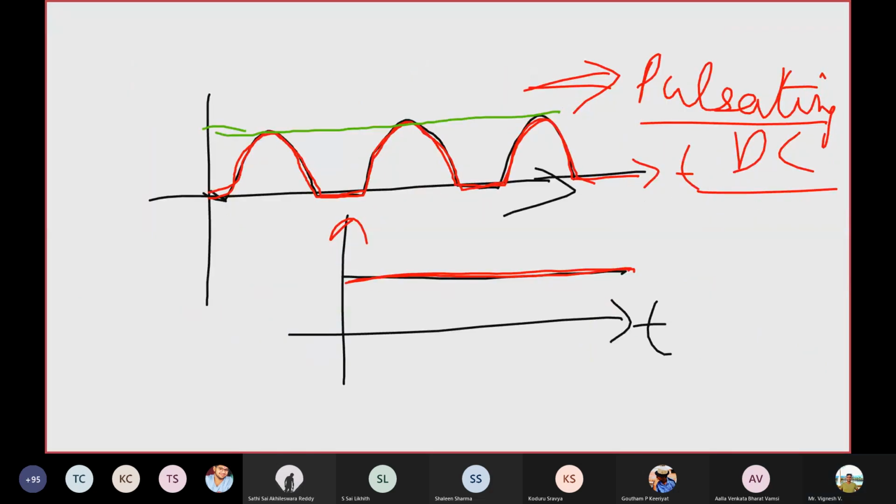We saw that it is successful in converting an AC signal to a DC, but the DC you end up getting is what we generally call a pulsating DC, because you're not getting a constant value, a value which is independent of time. It varies with time, but only at certain intervals. That's something that we saw in the last class.